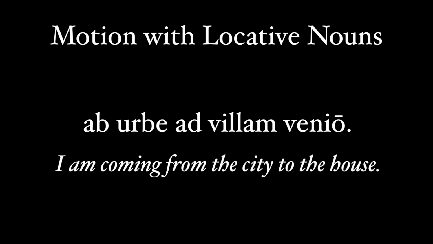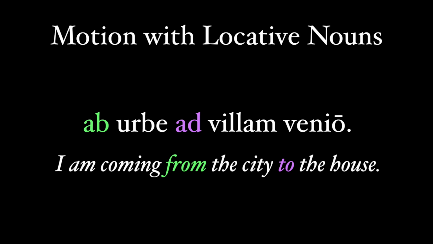One more neat thing about these nouns that have the locative case. Just as they don't have a preposition when showing location, they also don't have prepositions when showing movement towards or movement away from. So, for example, here's a regular sentence. Ab urbe ad villam venio. I am coming from the city to the house.